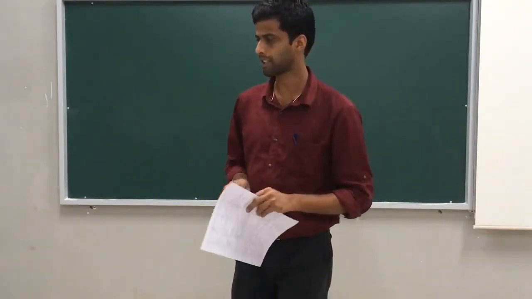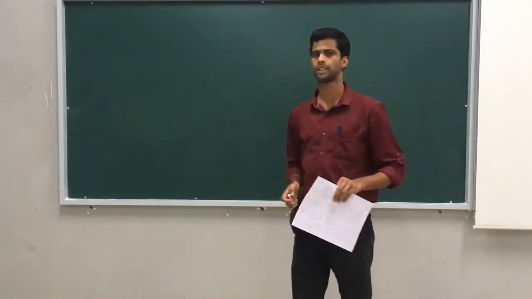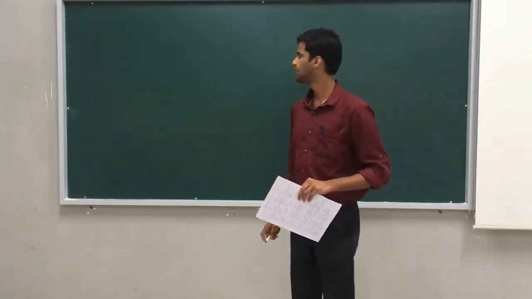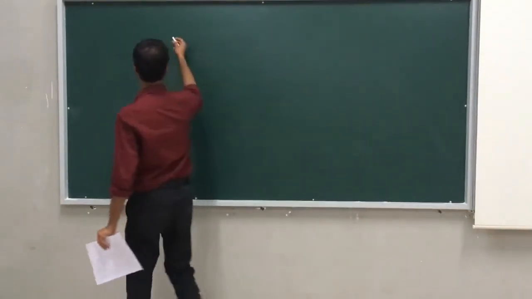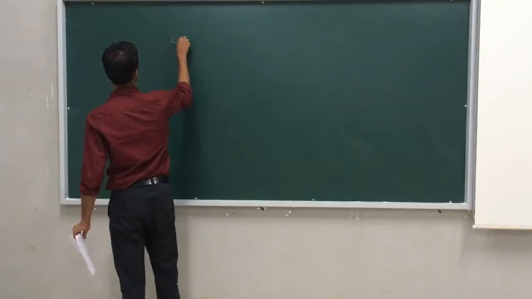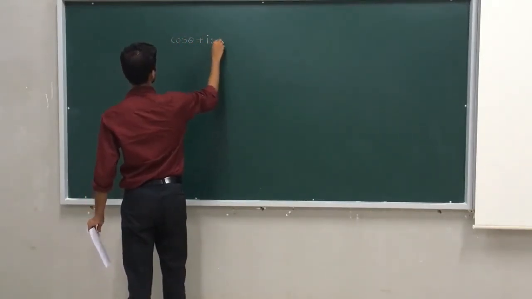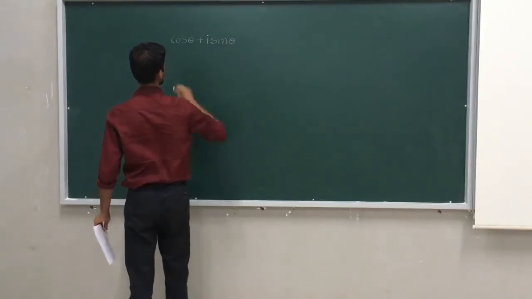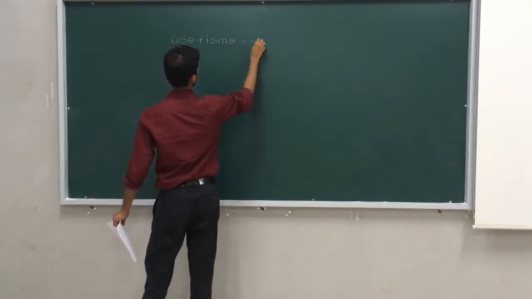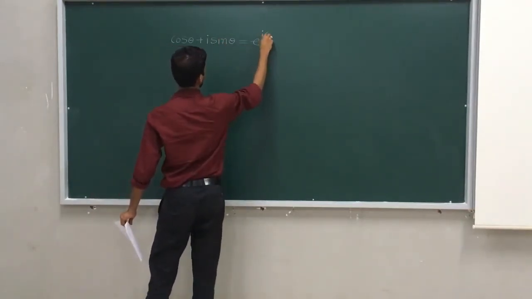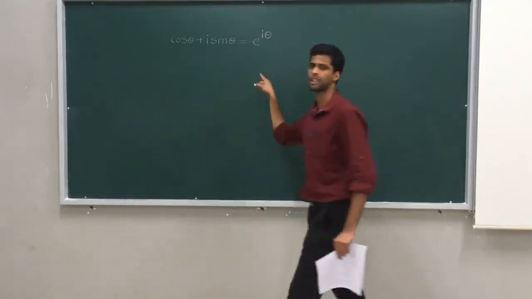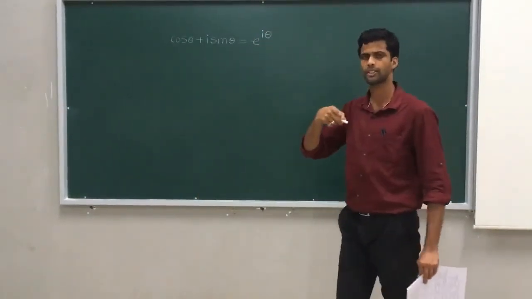In that, the new thing to you is De Moivre's theorem. Always keep in mind, cos theta plus i sin theta is shortly written in complex numbers as e power i theta. This is a new thing, which I already mentioned in my synopsis.